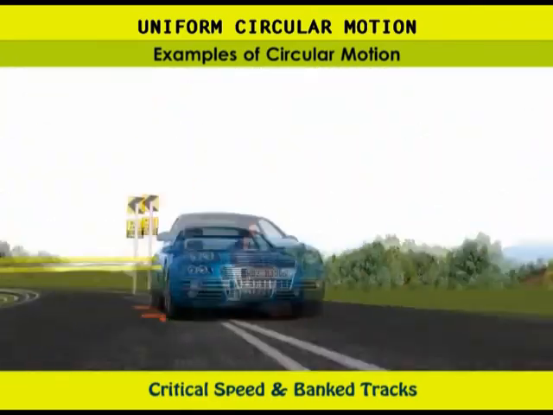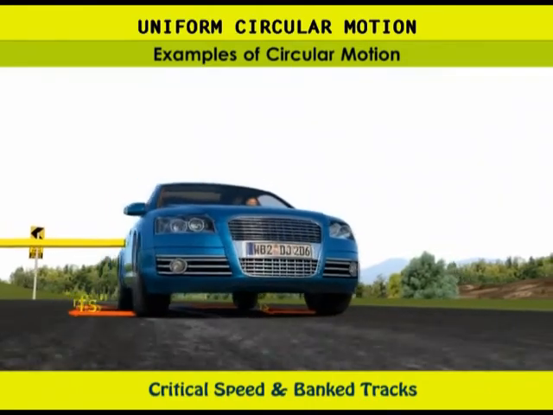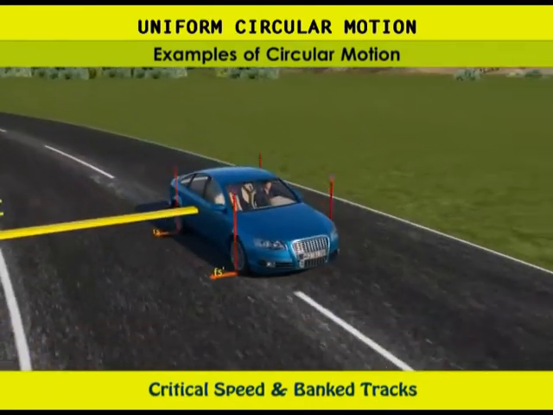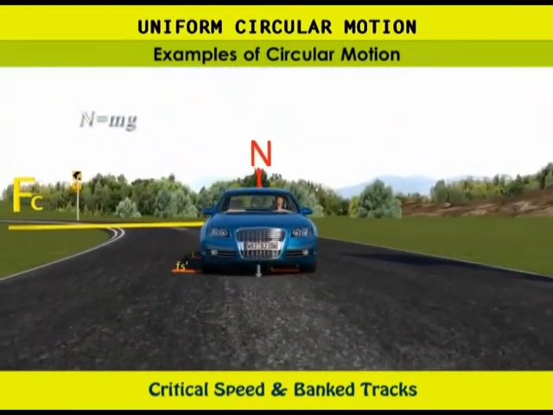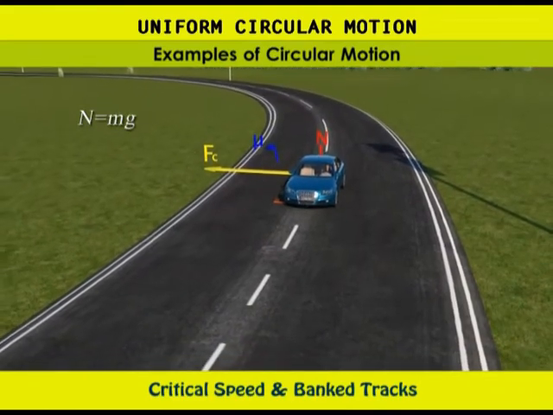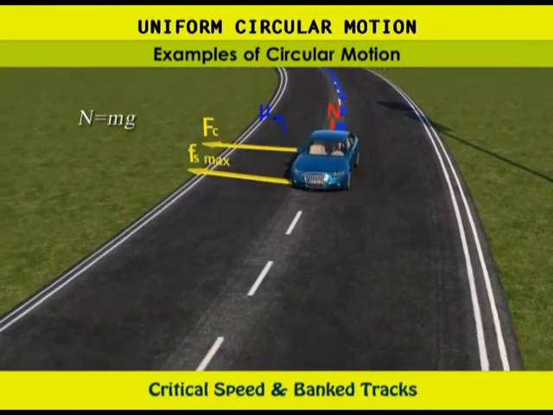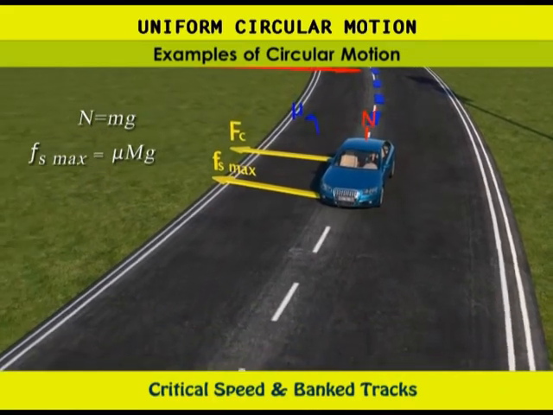This centripetal force is provided by the static friction between the road and the car tires. The normal force N balances the weight of the car, mg. If the coefficient of static friction is mu, the maximum friction force which can act towards the center of the arc is mu mg.